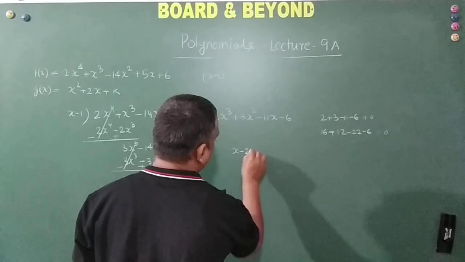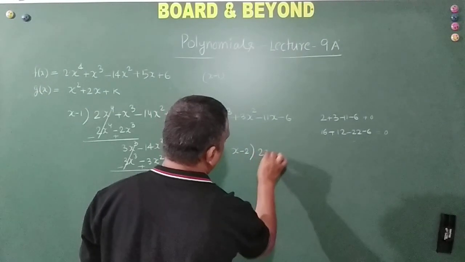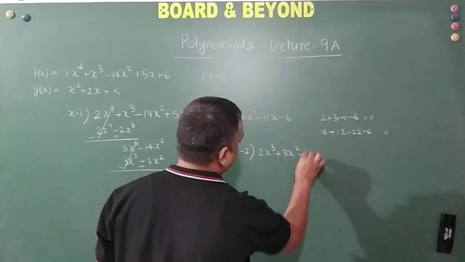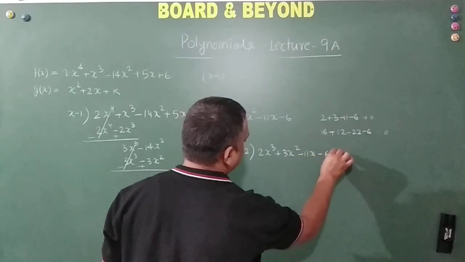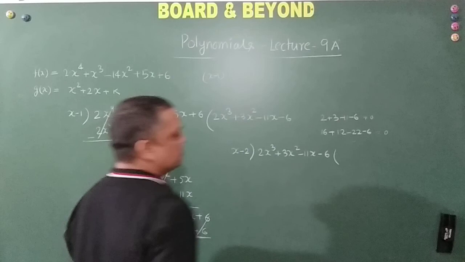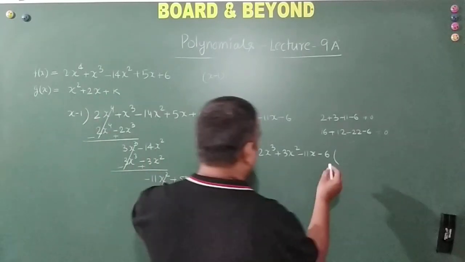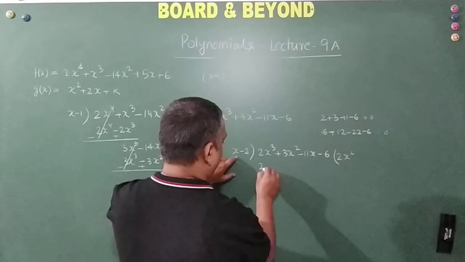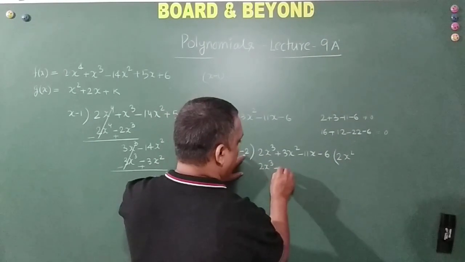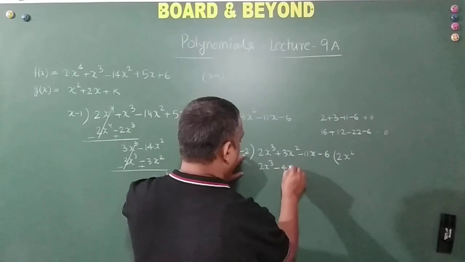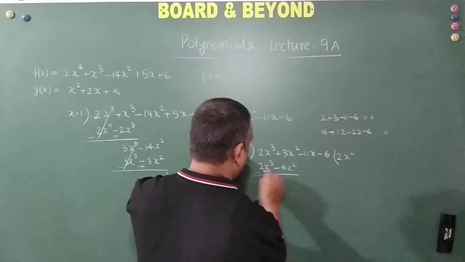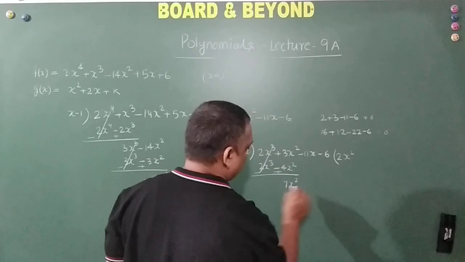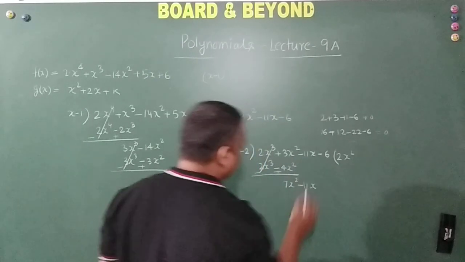So we divide 2x cube plus 3x square minus 11x minus 6 by x minus 2 to reduce it to a quadratic polynomial. Let's divide it. 2x square, 2x cube minus 2 2s are 4, 4x square. Minus plus cancels, 7x square minus 11x.